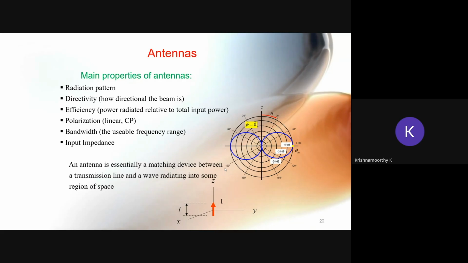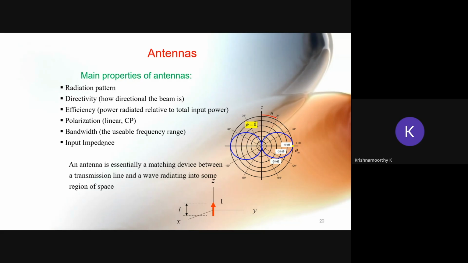If you want to design antennas, there are some main properties of the antennas. These are the design specifications of the antenna: the radiation pattern, the directivity, the efficiency, the polarization, the bandwidth, and the input impedance.